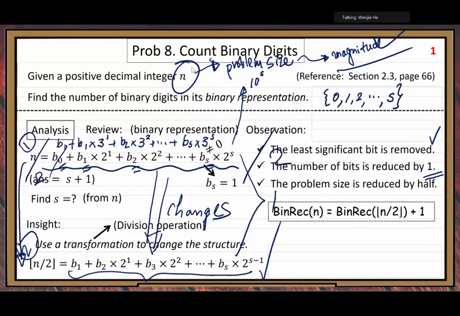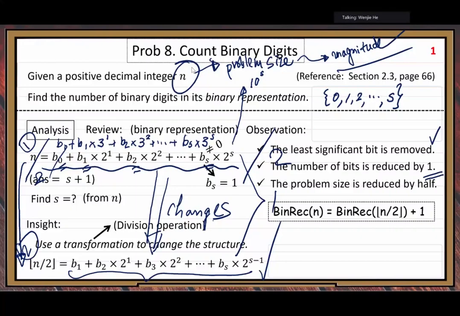This function should give us the number of bits for a positive decimal number n. That's how we define this function.